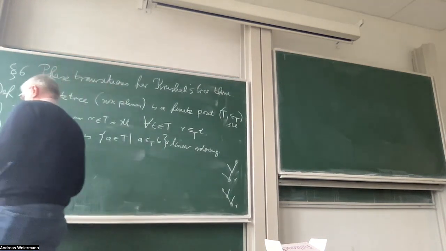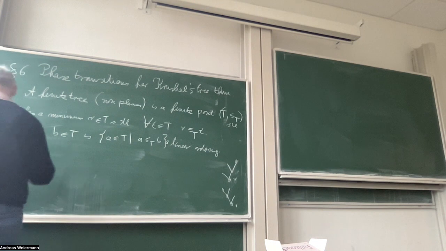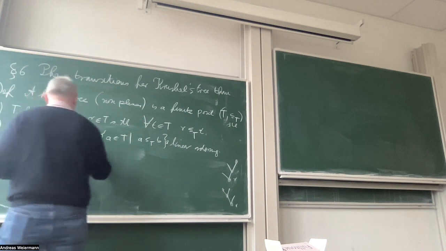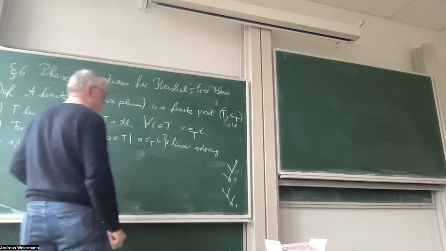Now, if you have this definition, then you can define the following notion for A, B and C: the infimum of A and B. So what is this?